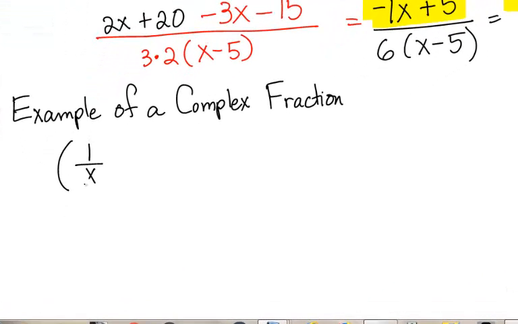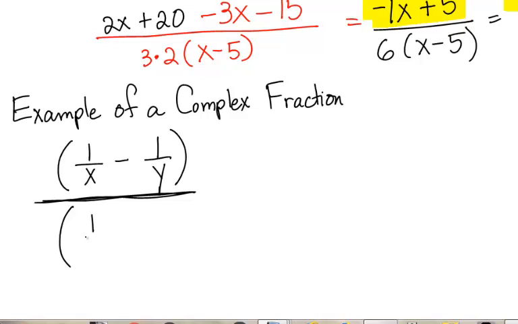It's 1 divided by x minus 1 divided by y, all over, and usually I try to make that a little bit bigger, down in the denominator, it's 1 over 1 plus 1 over x. So you have fractions within a fraction. When you have a fraction within a fraction, you look at all 4 denominators. Look at all 4 of these and find your LCM with all 4.